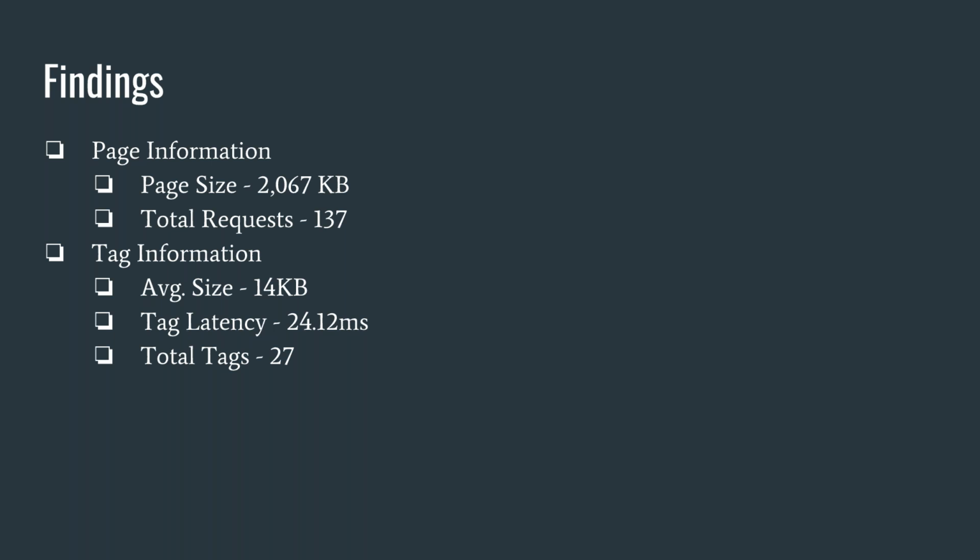This matters because browsers have a limited capacity for how many requests can be outstanding at one time and how many they can process concurrently. So looking at 137 requests, if a browser can handle 17 concurrently, say latency gets all the way up to 500 milliseconds.